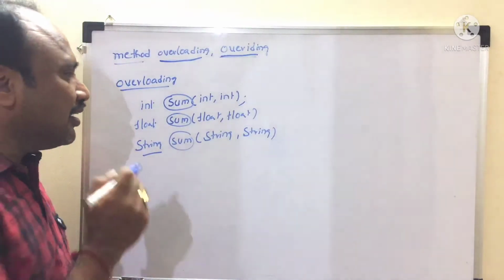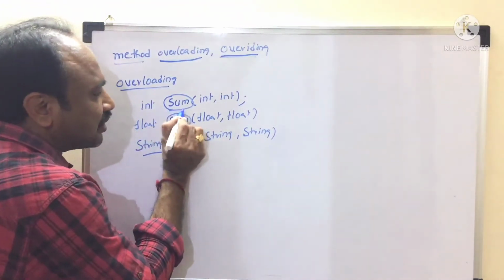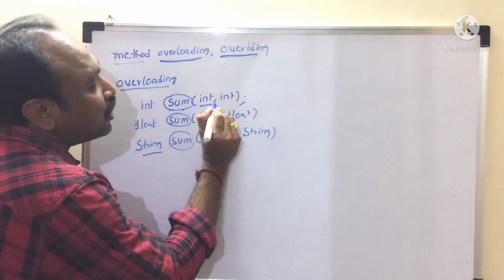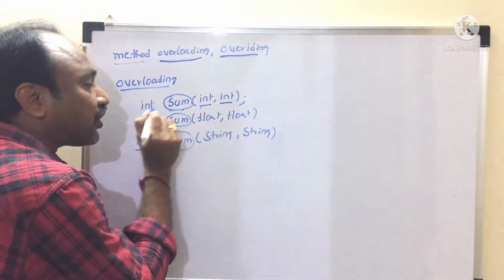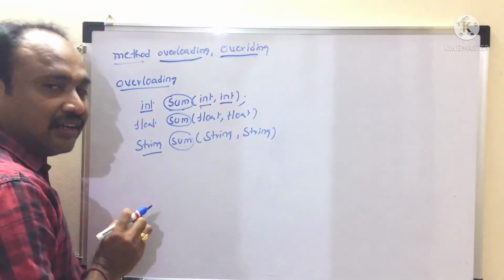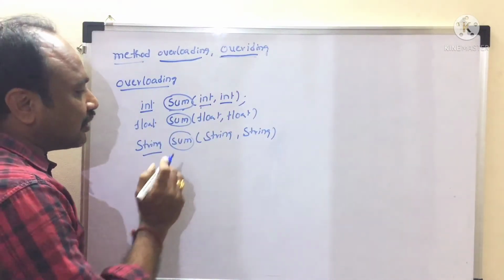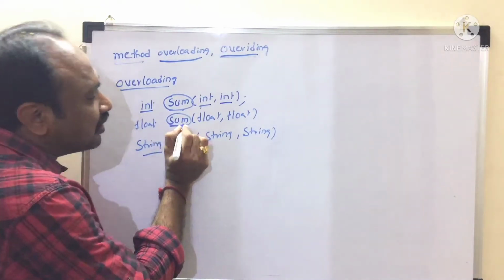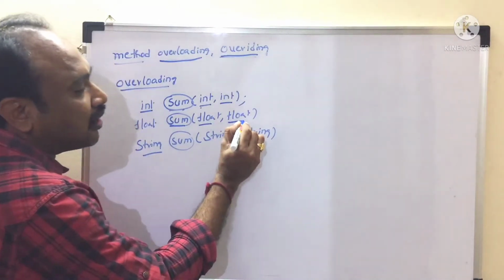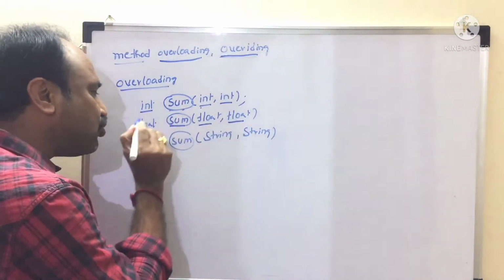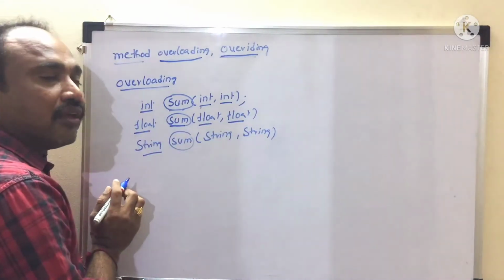In the same way, here the same method, sum, is taking two integer parameters and it has to return an integer as result. The same sum method is going to take two float parameters as input and return a float as result.